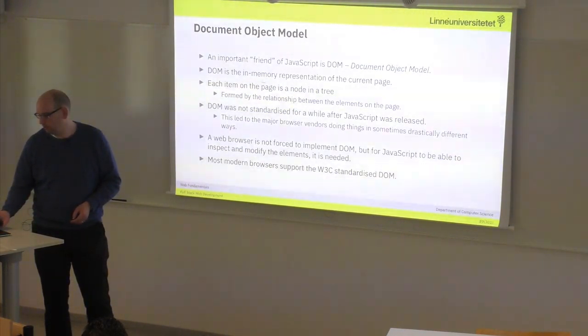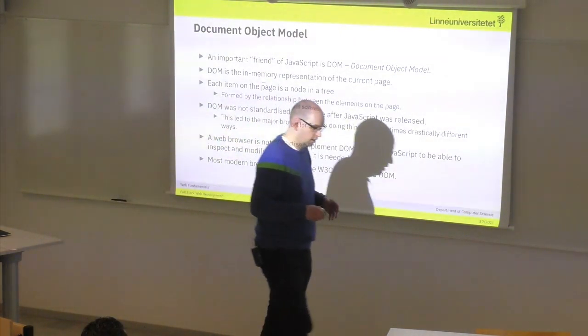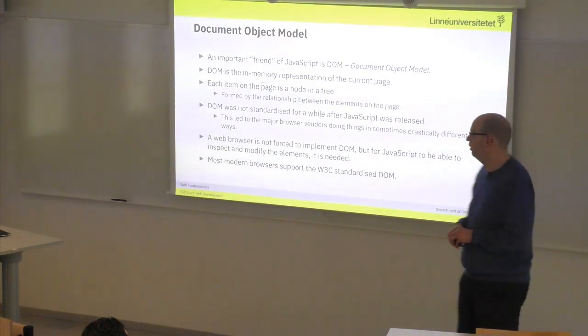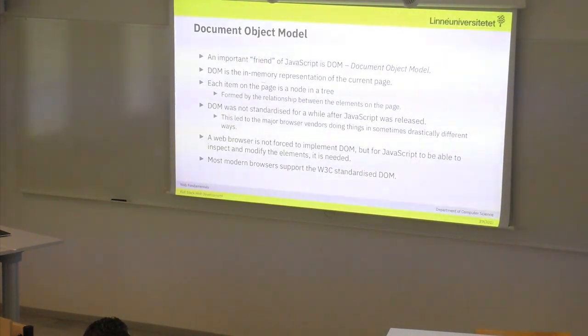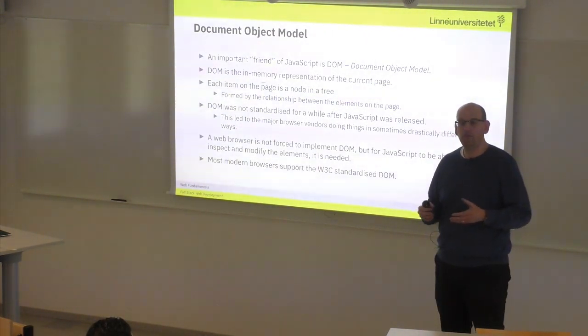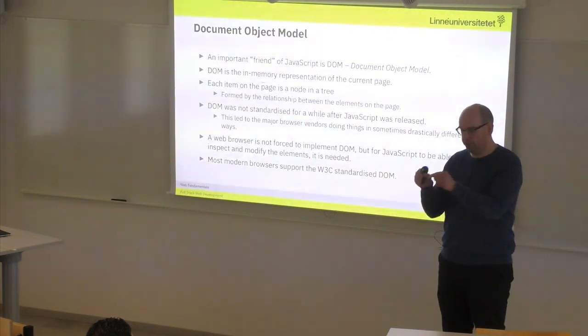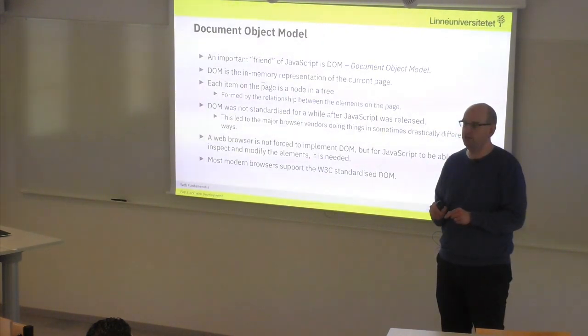So an important friend when it comes to JavaScript on the web is the DOM tree, the document object model, which makes it possible for JavaScript to get to the different parts of a web page.